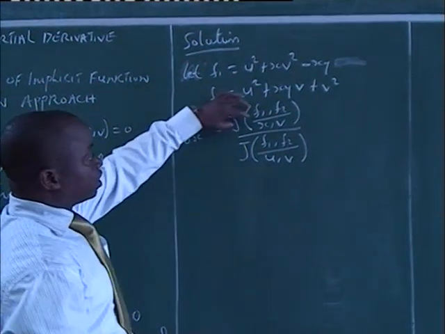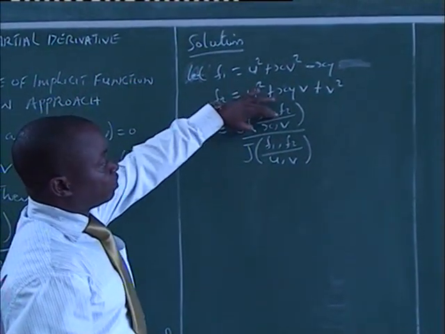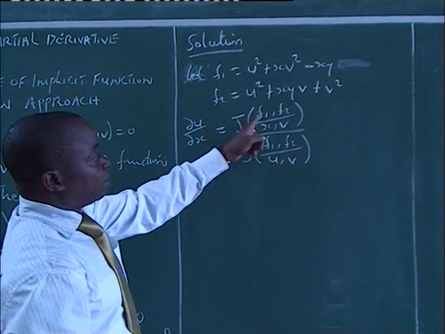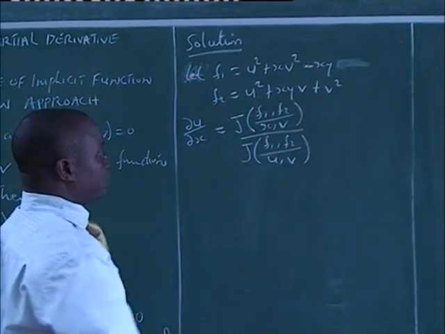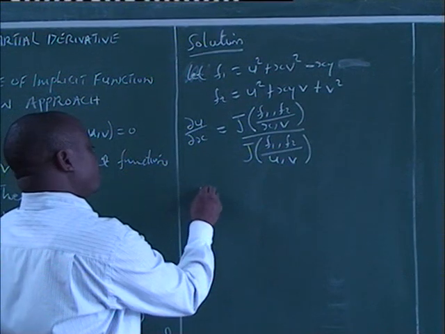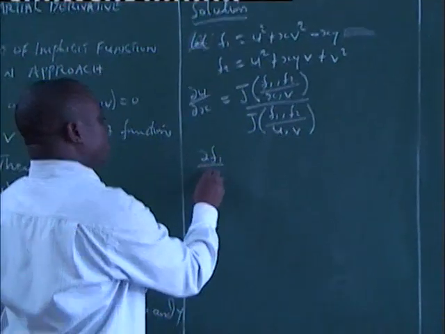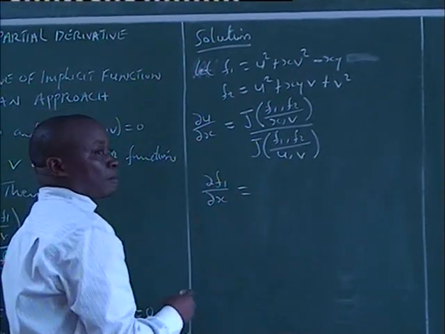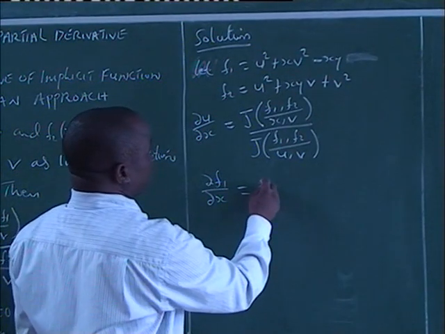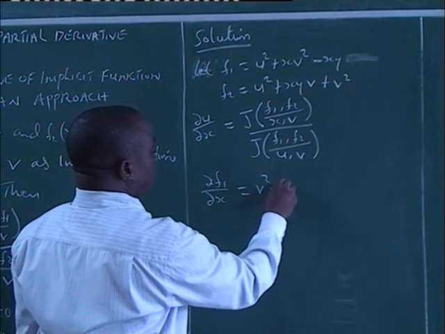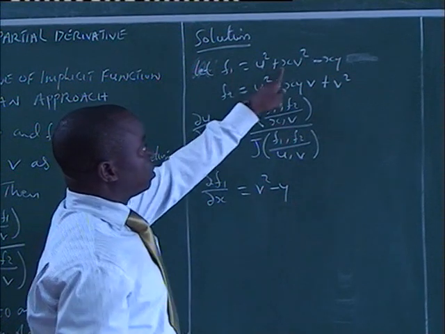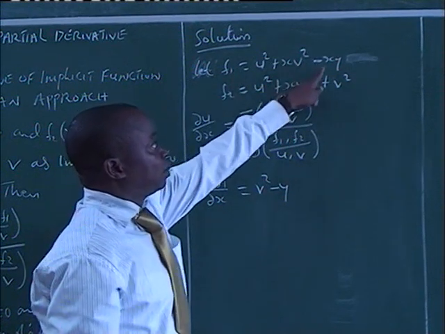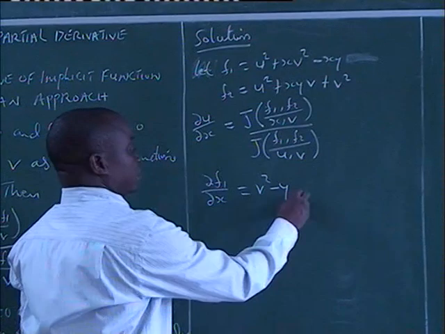So let's take the Jacobian of the top first, which is f1 f2 with respect to x, v. Now we know that partial f1 partial x is v squared minus y.